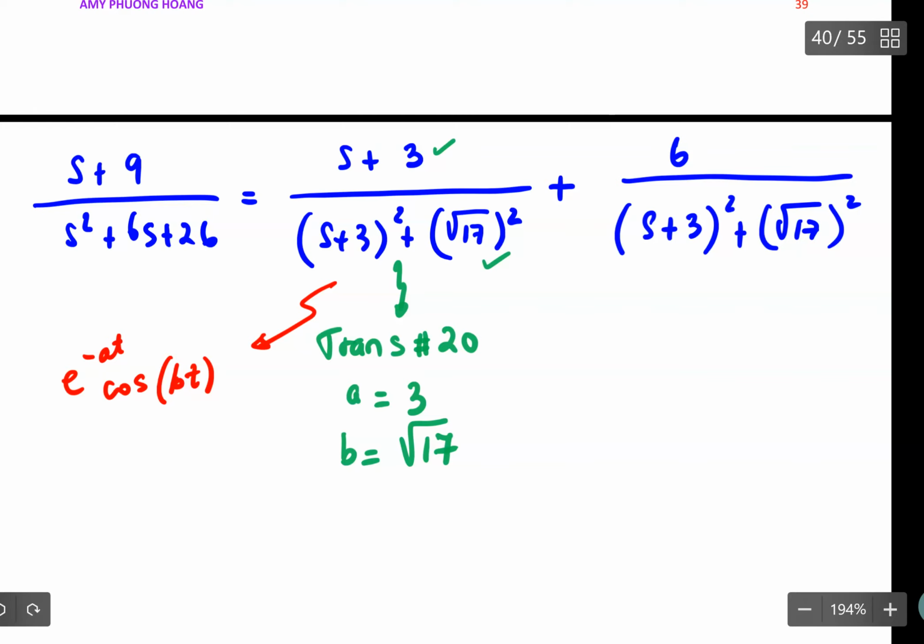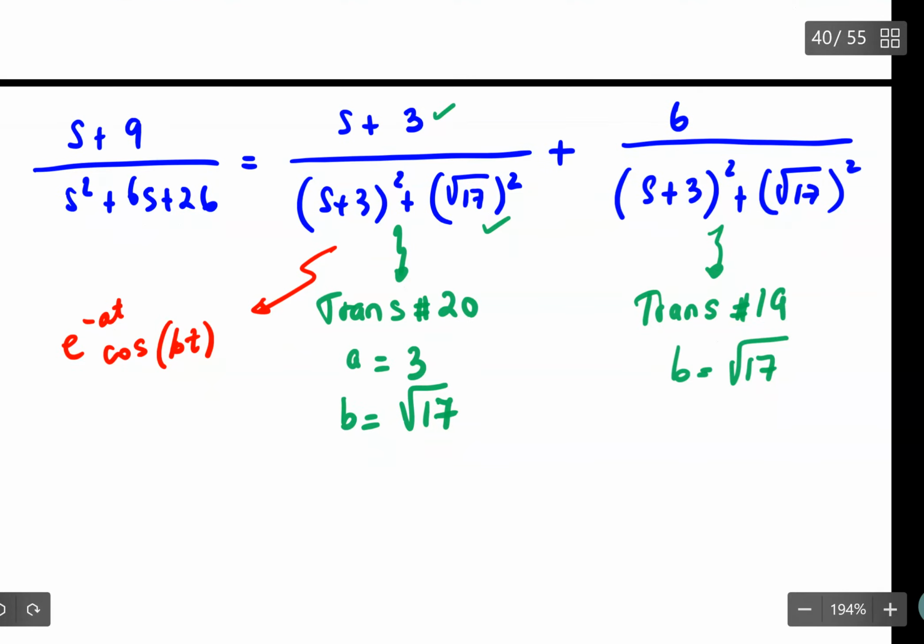So for this particular fraction, if I use transform number 19, b is equal to square root of 17, but I have 6. So I need to do some calculation here.